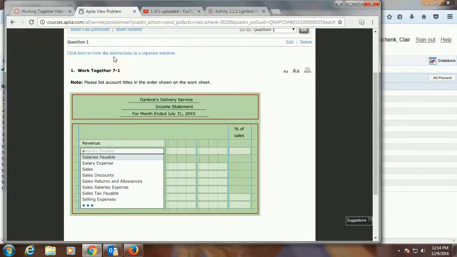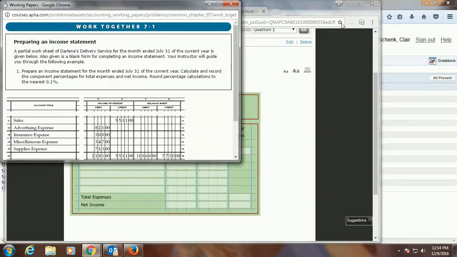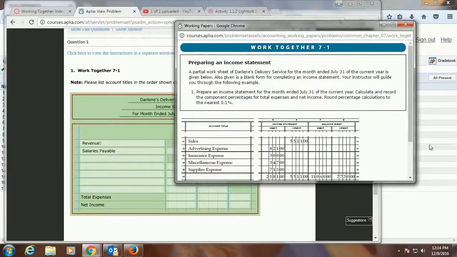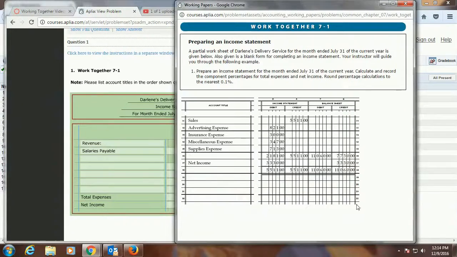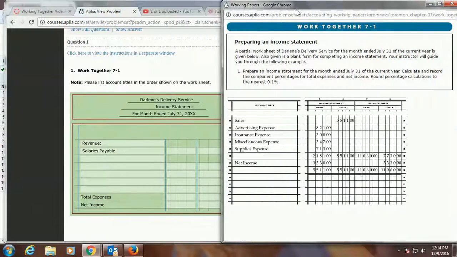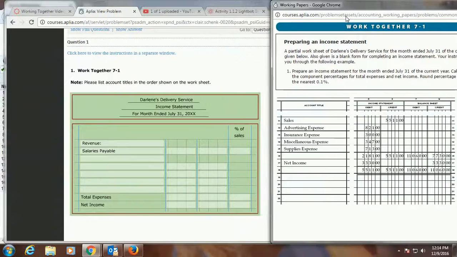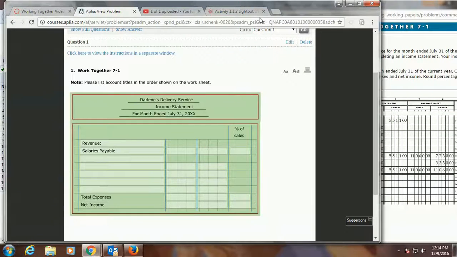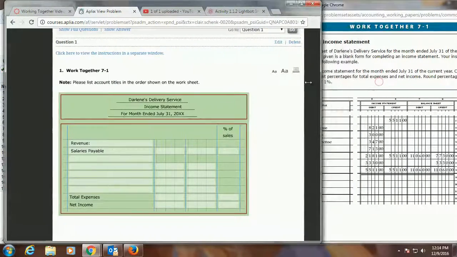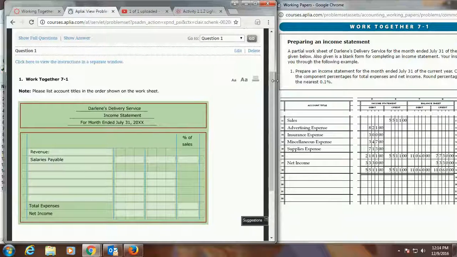Then let me load up my sheet here so you can see this. This is the partial worksheet the instructions were talking about. And I'll slide that over so we can see that still. Let me stretch this out. Okay, there we go. You can see both of them together.